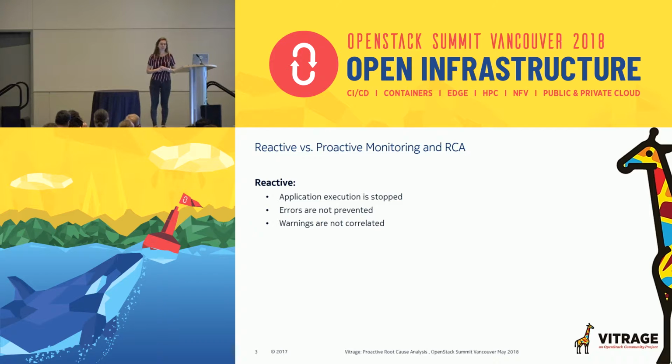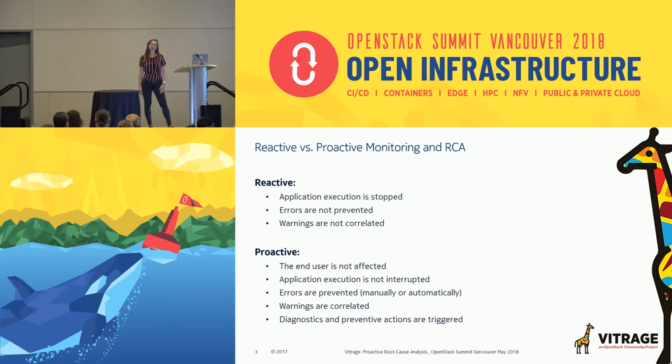The application has usually already been affected, and the user can feel something is wrong. So we are not preventing errors from happening. Errors are happening in the system, and it's basically because we don't use correlation in the stage of warnings and predictive errors. We just wait for errors to occur.